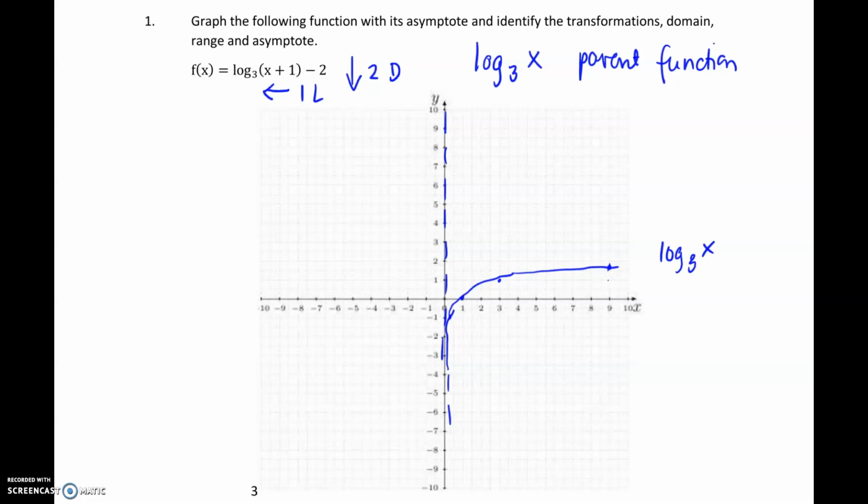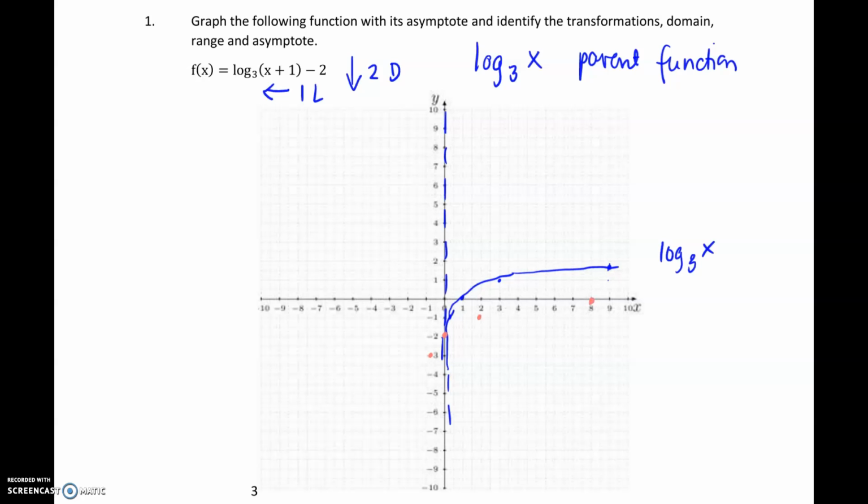So over here, our point (1/3, -1) is going to be (-2/3, -3). Our point (1, 0) is going to be 1 to the left, 2 down. Our point (3, 1) is going to go 1 to the left, 2 down, and this last point (9, 2) is going to go 1 over and 2 down.